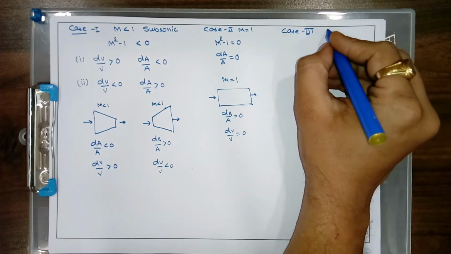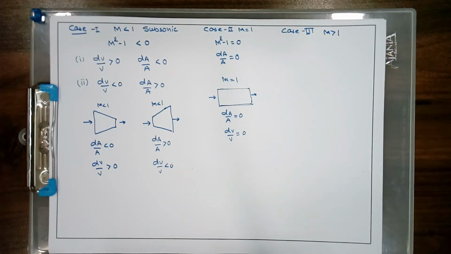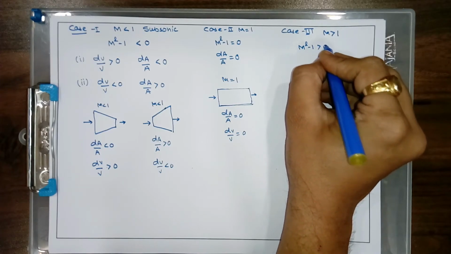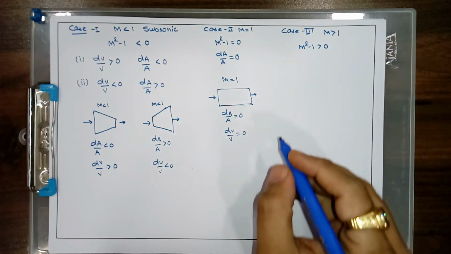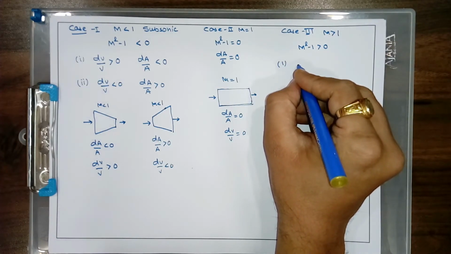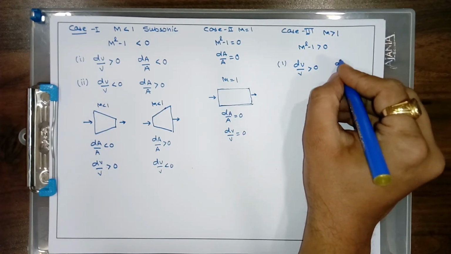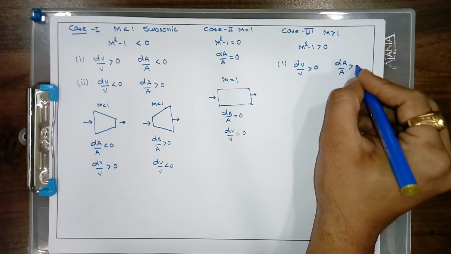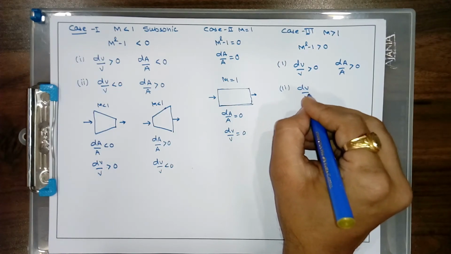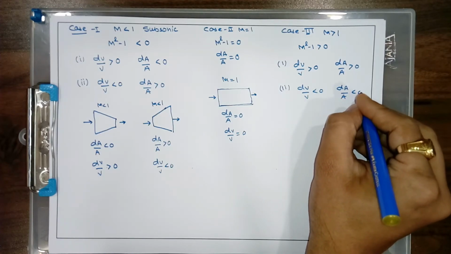In case 3, Mach is greater than 1, meaning our flow is supersonic, and the value of M square minus 1 is greater than 0. So we have a direct relationship. First, if dV by V is greater than 0, dA by A is also greater than 0. Second, if dV by V is less than 0, dA by A is also less than 0.